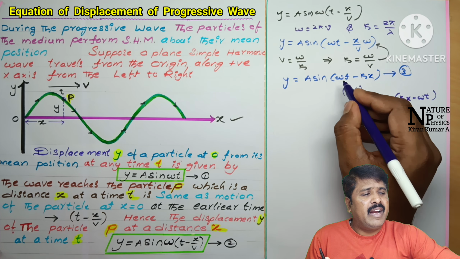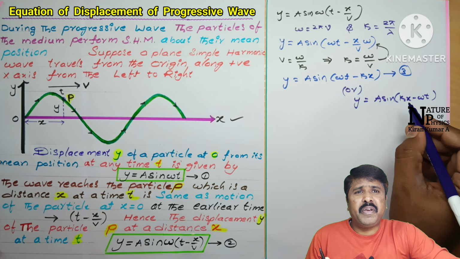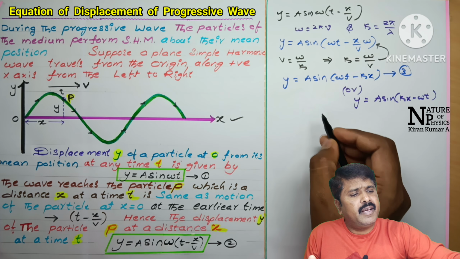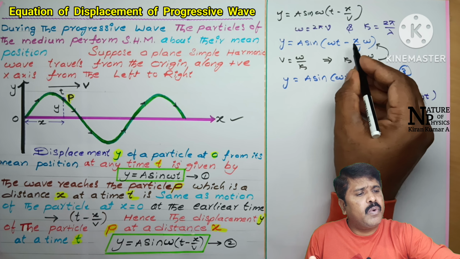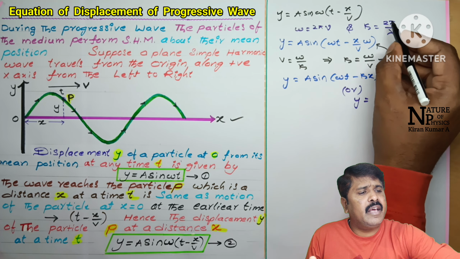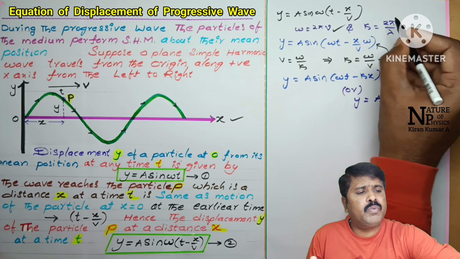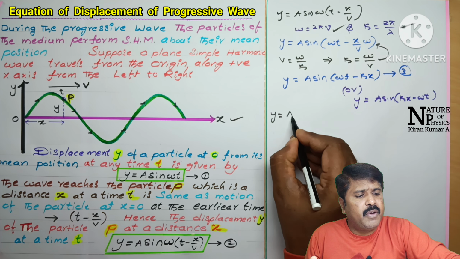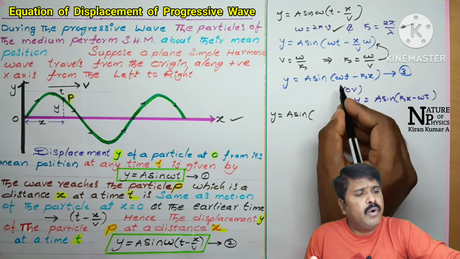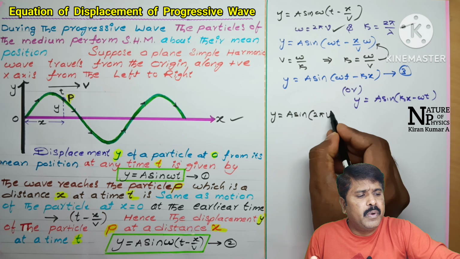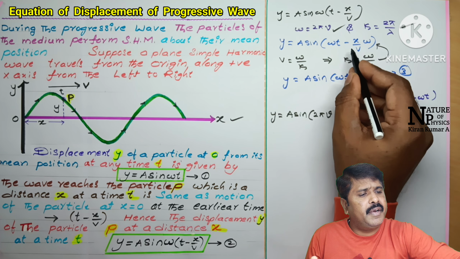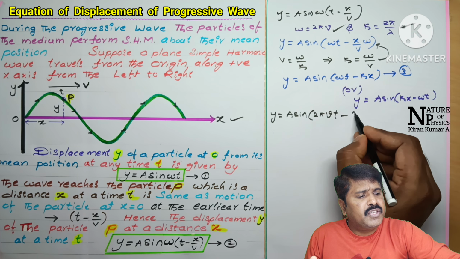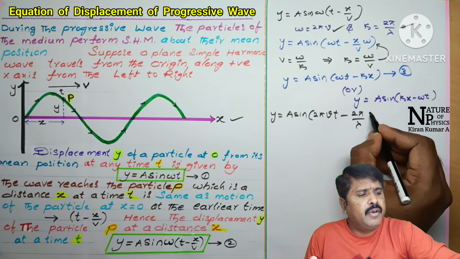Okay student, now I am going to write different forms of the progressive wave equation. Omega equals 2 pi mu, and k equals 2 pi by lambda. Replacing both values in equation number 3, y equals a sin of 2 pi mu t minus 2 pi by lambda into x.